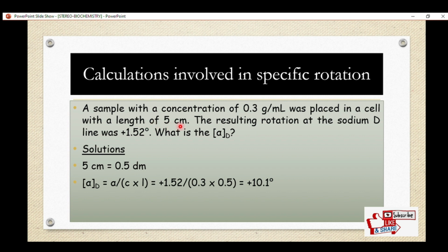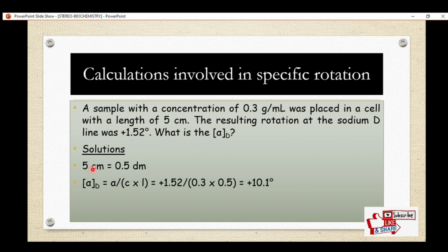And remember, we said the length is also recorded in dm, decimeter. So you have to convert this centimeter to decimeter before you can use it in the calculation. And the resulting rotation at the sodium D line was positive 1.52 degrees. So what's the specific rotation?